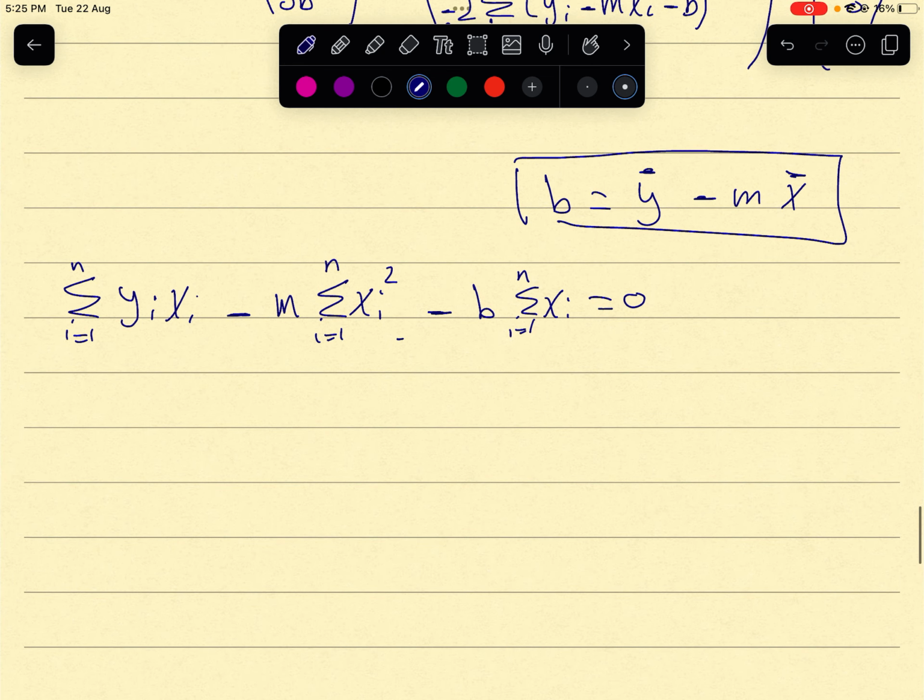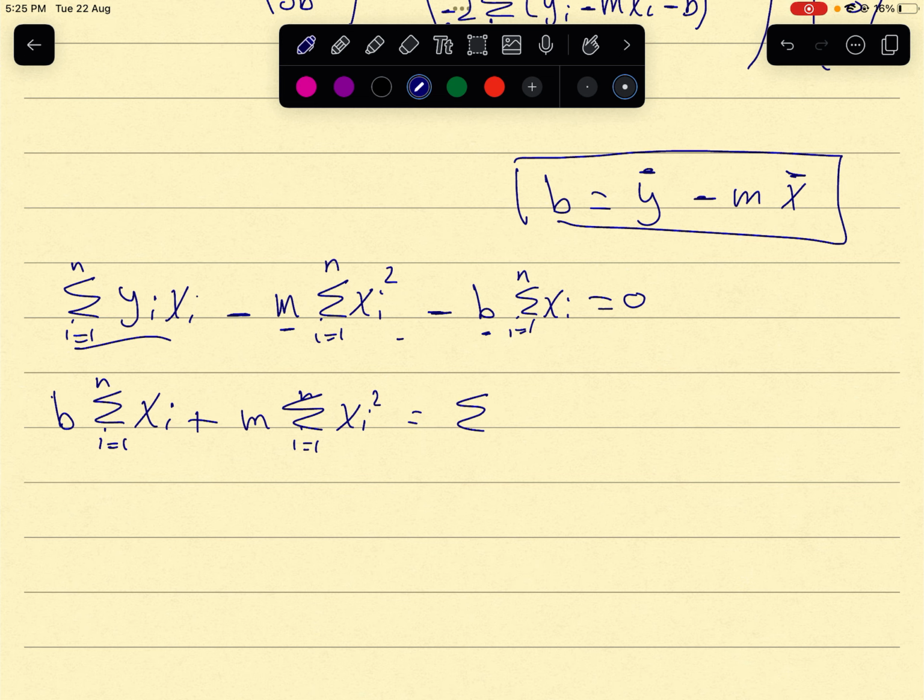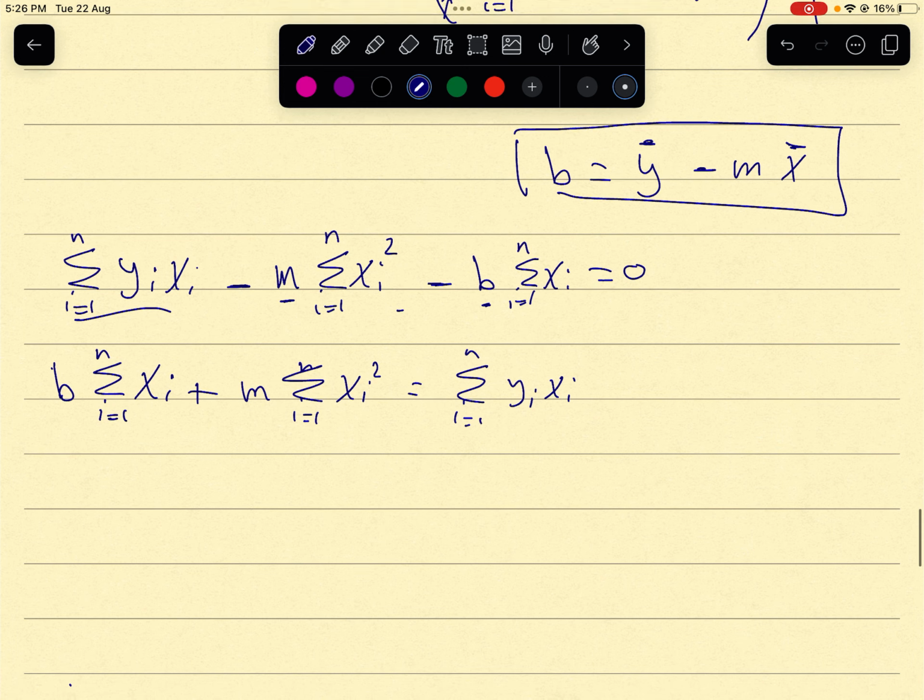Okay, I want to find these variables, so I can move this one to the right hand side. I get b sum i equals 1 to n of xi plus m sum i equals 1 to n of xi squared equals sum i equals 1 to n of yi xi. Okay, this is the first equation.